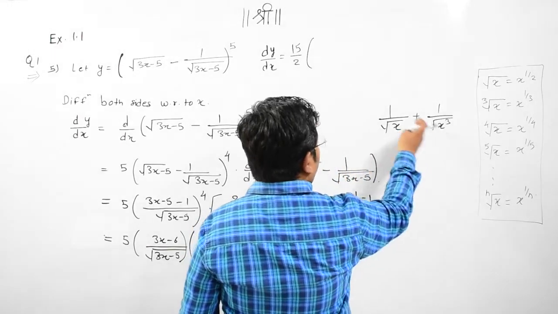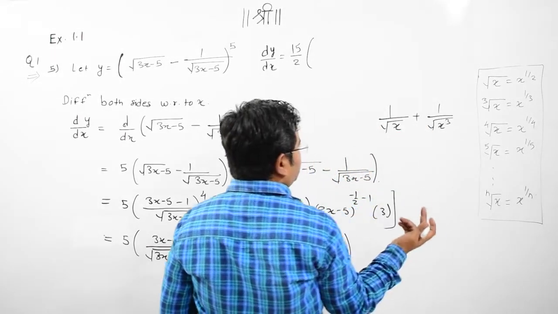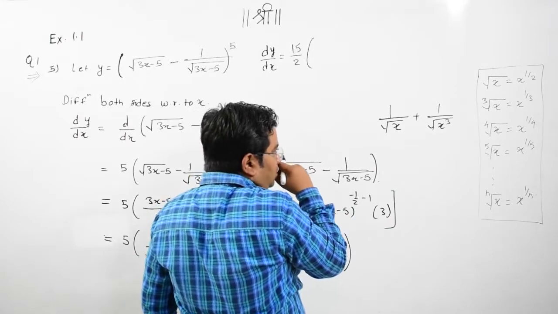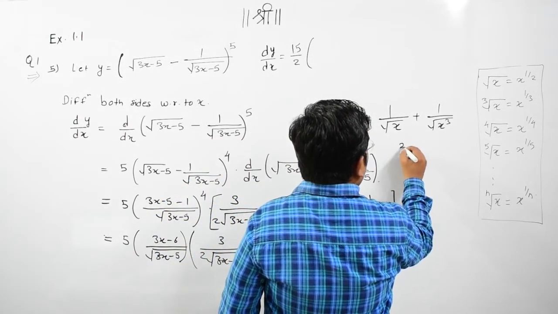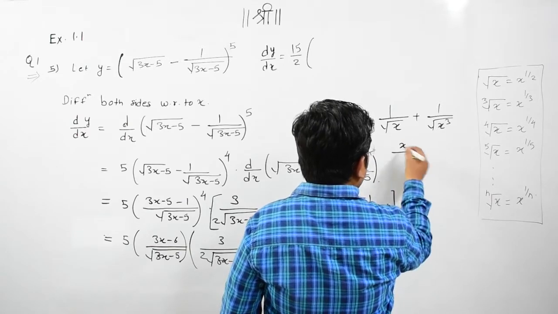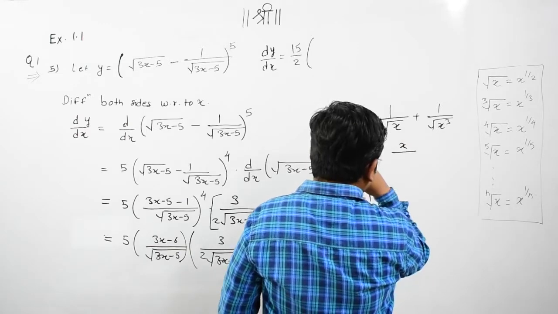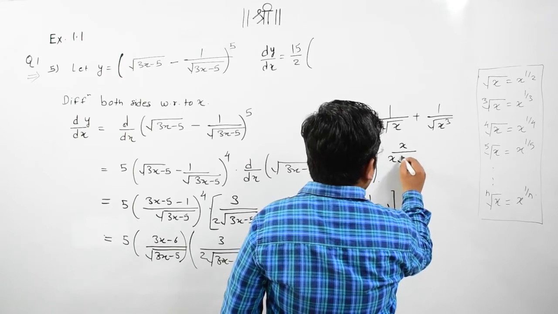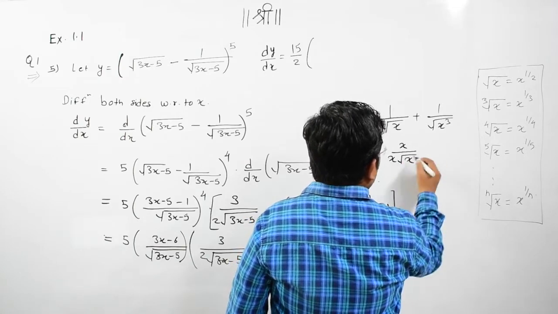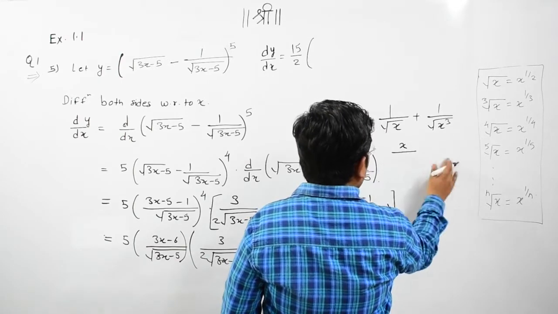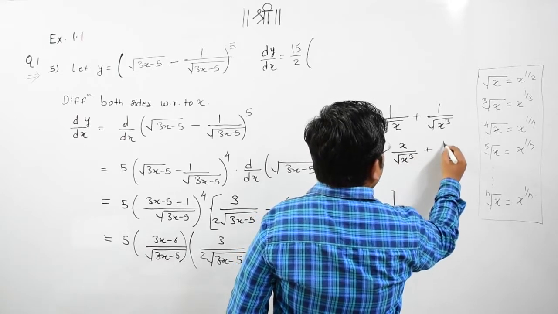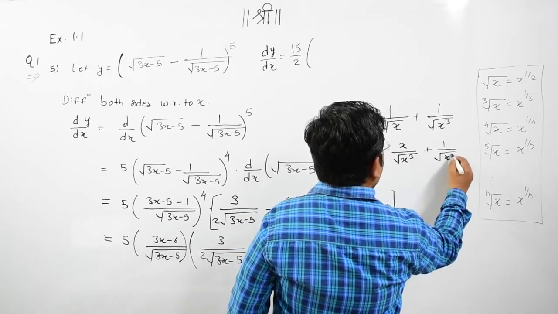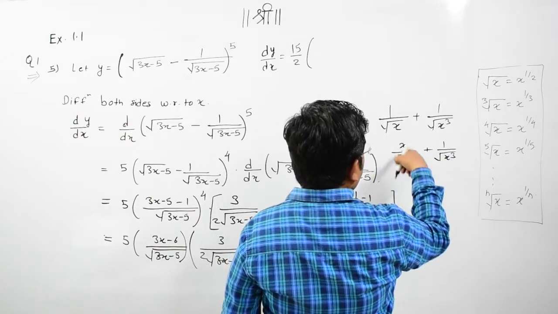If we multiply and divide by something, what should be that quantity? That is a simple one. X divided by this quantity will lead to what? X into under root x. This x into under root x is nothing but under root of x cube plus 1 upon under root of x cube, and that's how we are making it like a base.